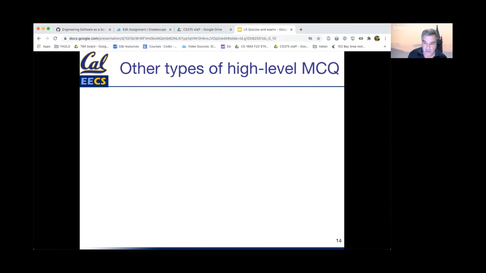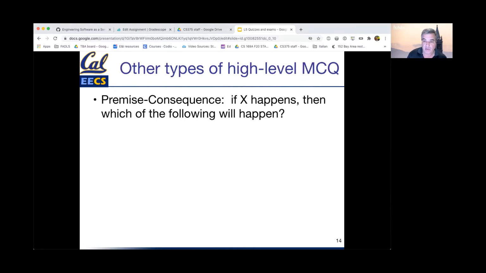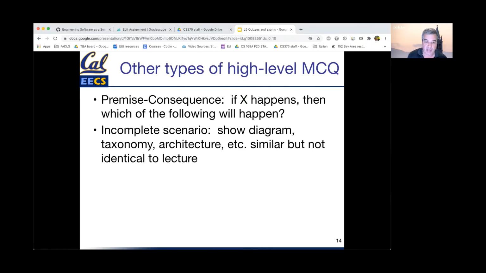What other kinds of questions can you do? One example of an automatically gradable multiple choice question is premise consequence. So for example, the question posits, suppose X happens, then which of the following will also happen as a consequence of that? You can ask incomplete scenario questions.